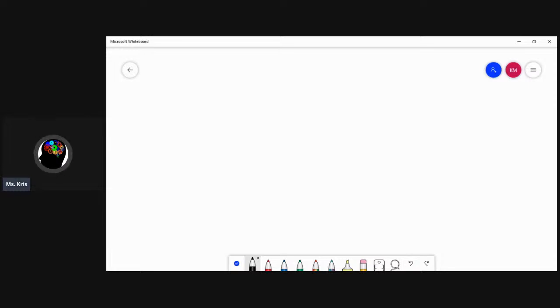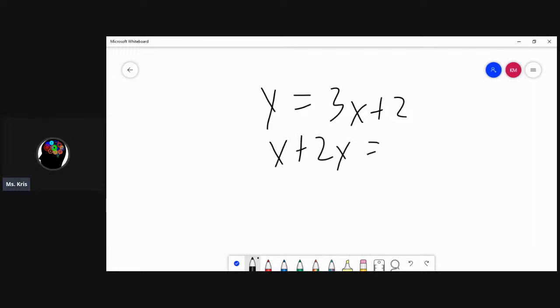So now with this, you have two equations. One of them will have to equal a letter in order for you to substitute and solve for the other one. So what I mean is you have y equals 3x plus 2, and then you have x plus 2y equals 11.